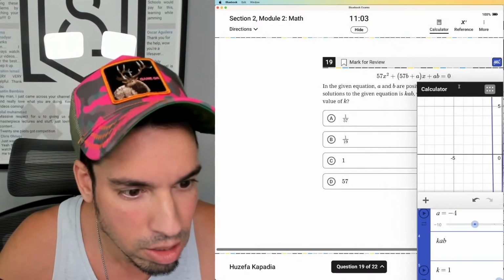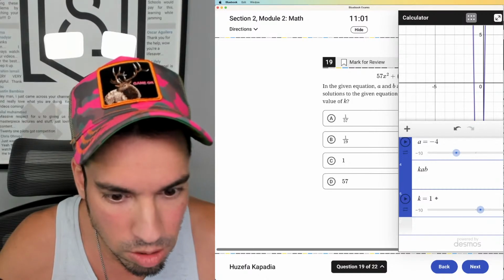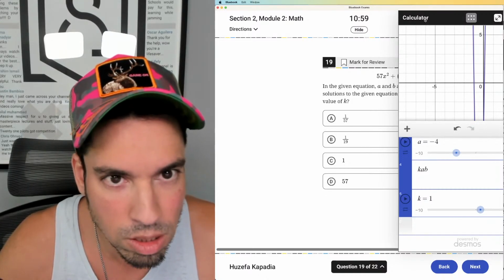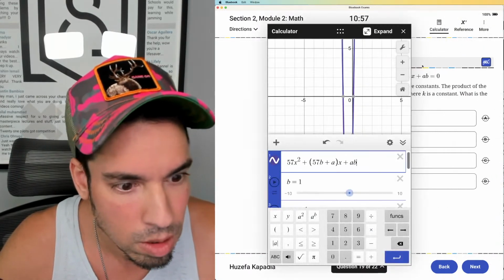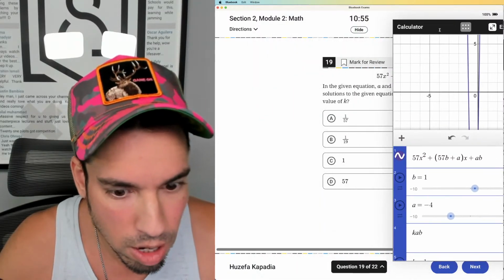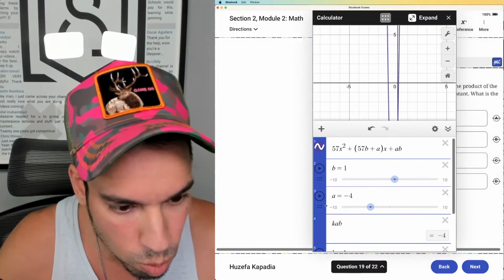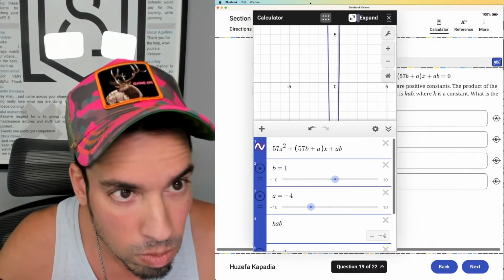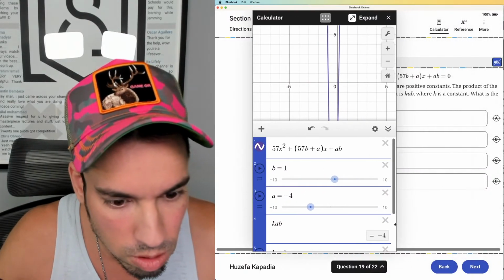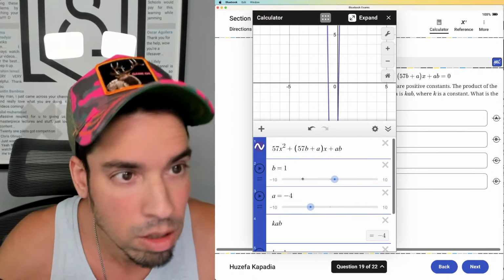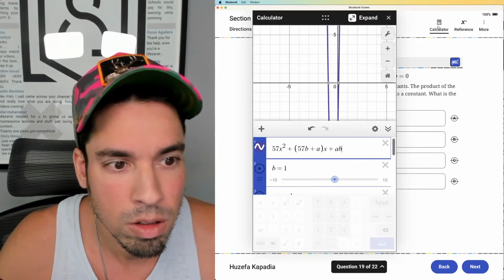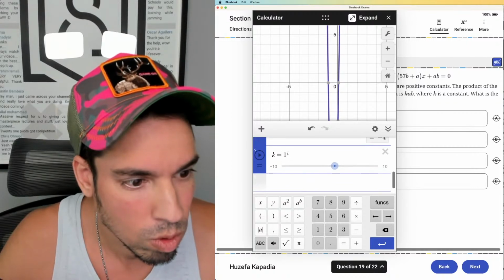Okay. And then now I can plug in these values for k. Hold on, let's see if this works. See again, do you see how it's glitching? I've got to close it and reopen it. Okay, so right now it's -4. It's got to be 1 over 57 or 1 over 19. So, come on, don't glitch. Okay, hold on. 1 over 57.